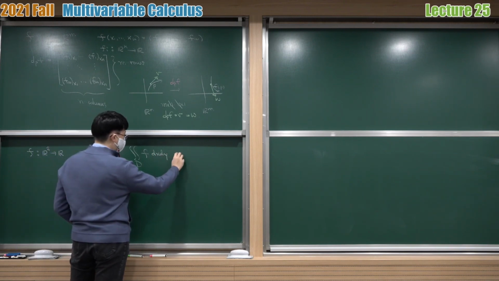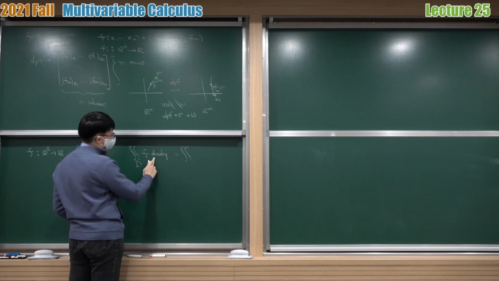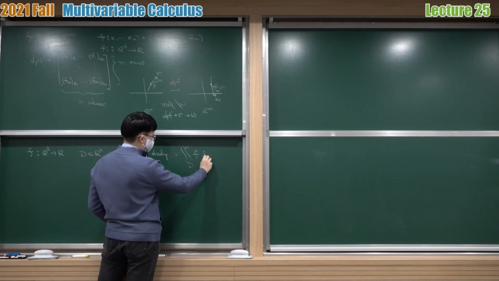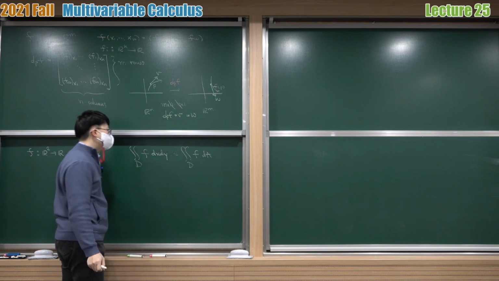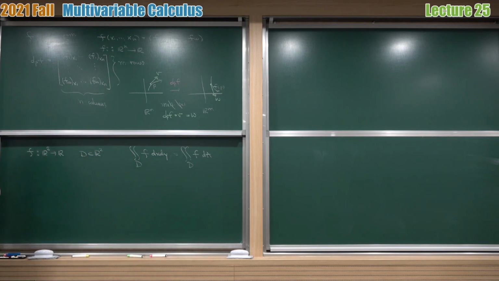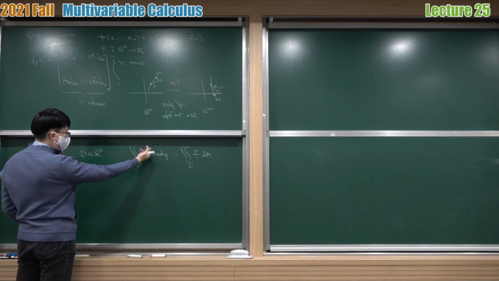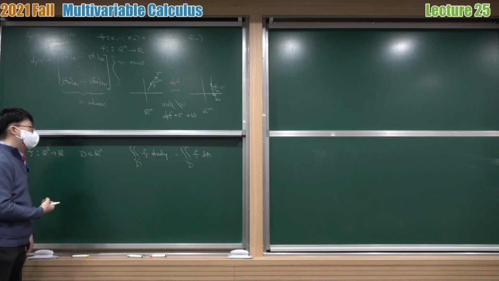Usually, instead of writing dx dy, we also say dA. Basically, this is the volume under the graph of the function over domain D. And you can also call it the mass of a two-dimensional object whose point density is given by f.